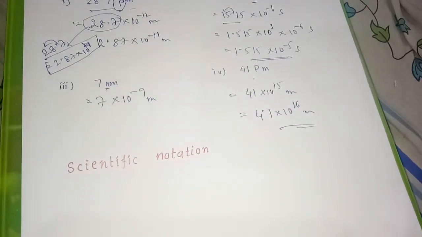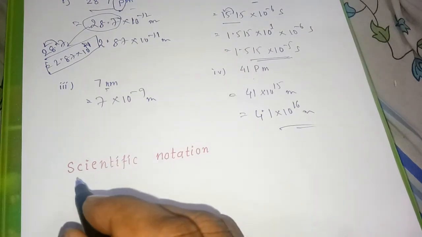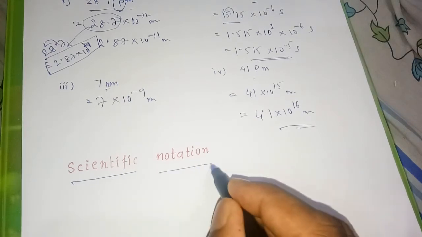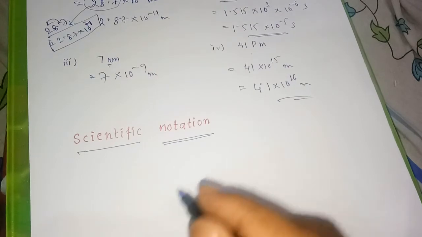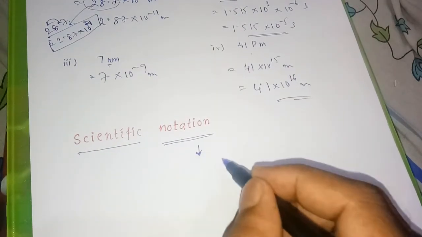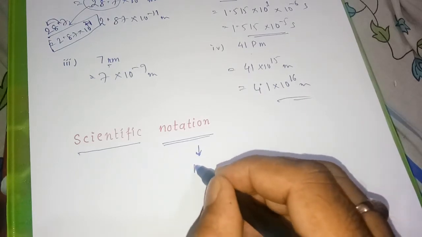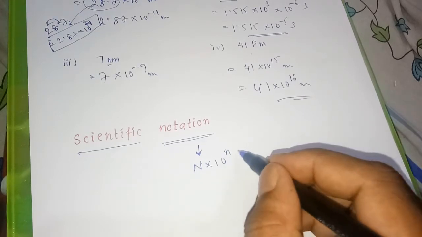So next point, student, we have to read about scientific notation. In scientific notation you have to represent a number like that, n into 10 to the power n.